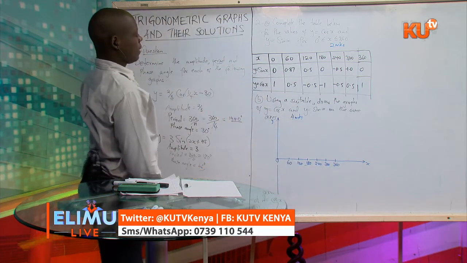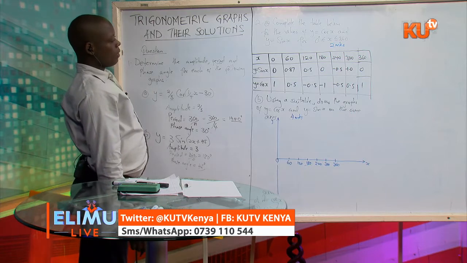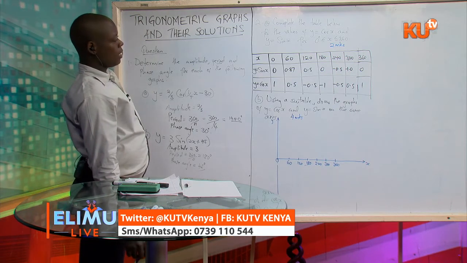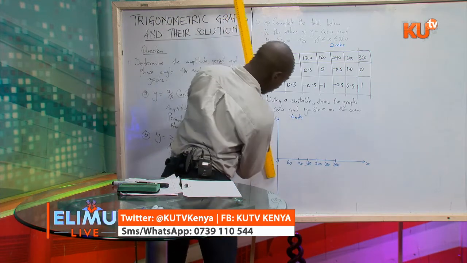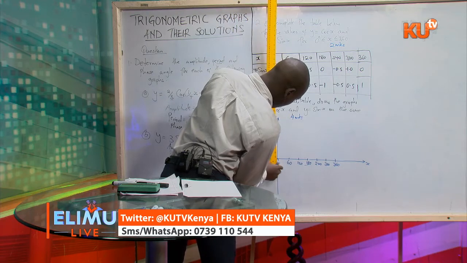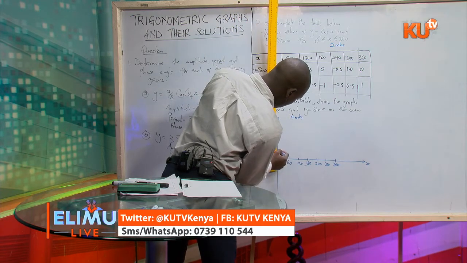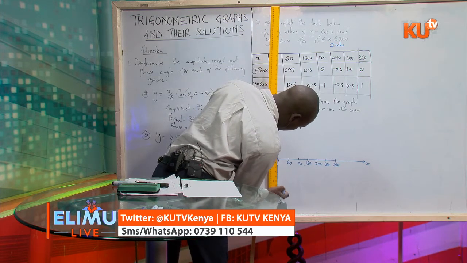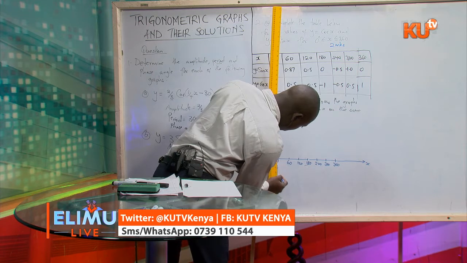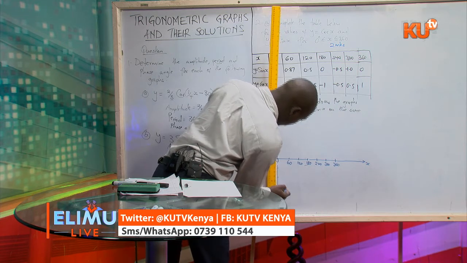On the y-axis, let's use a scale of 1 centimeter represents 0.5. So we'll have 1, 2, 3.